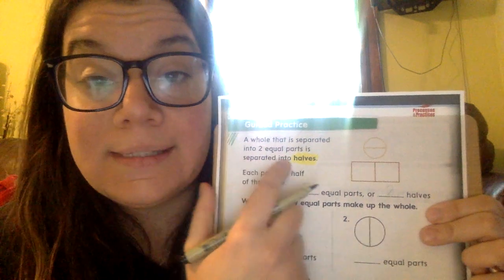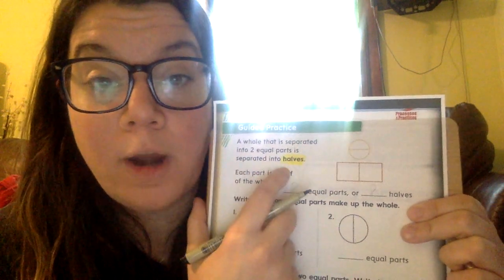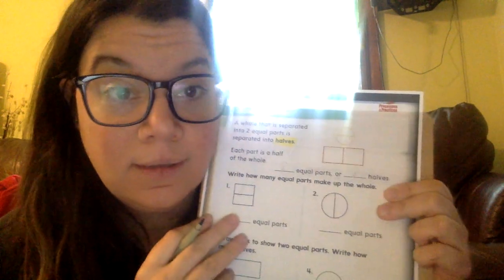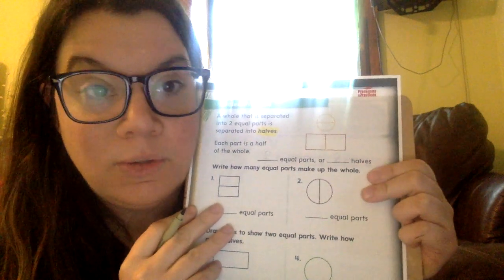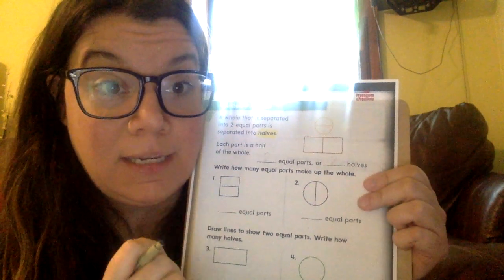Okay, so you have a couple pages of follow-up work talking about equal parts, and then the next section of this lesson is looking at halves. A whole that is separated into two equal parts is separated into halves. In the classroom, we see that with our half family.